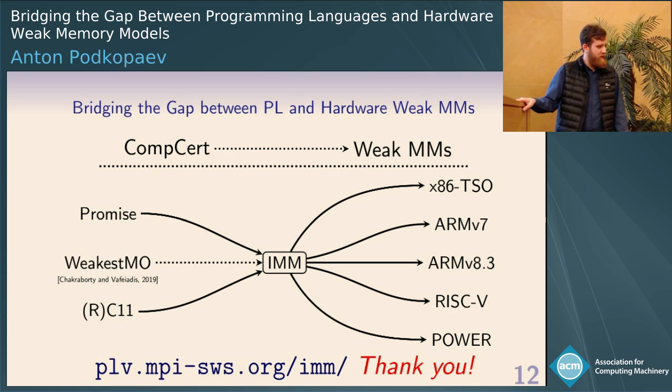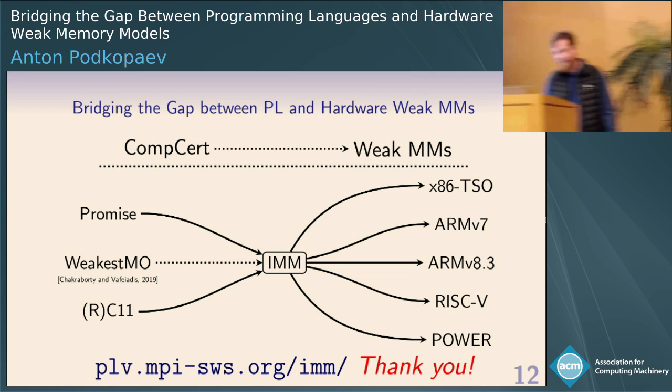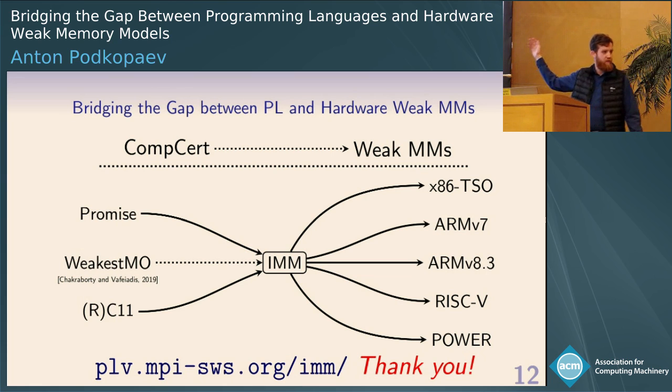What do you think is going to be harder to do in general, to add new programming languages compiling into IMM, or to add new hardware weak memory models compiling out of IMM? I would say that it's easier to add models on the right-hand side of the picture.